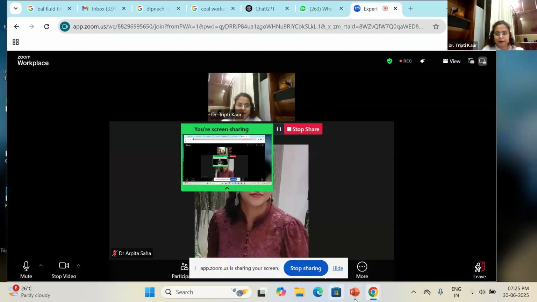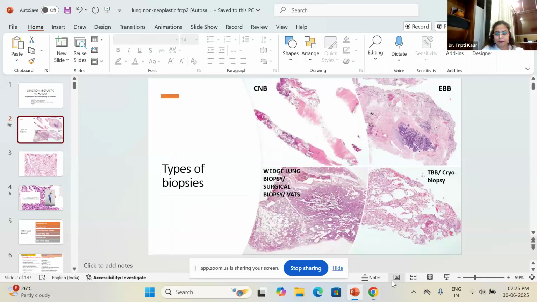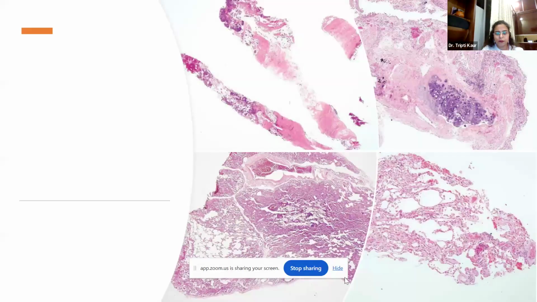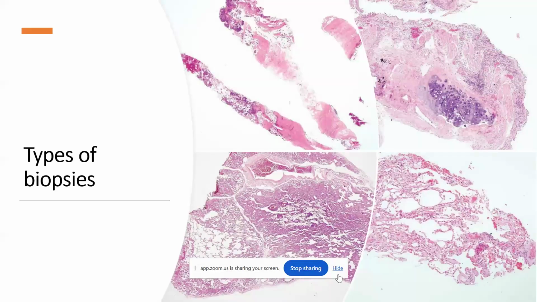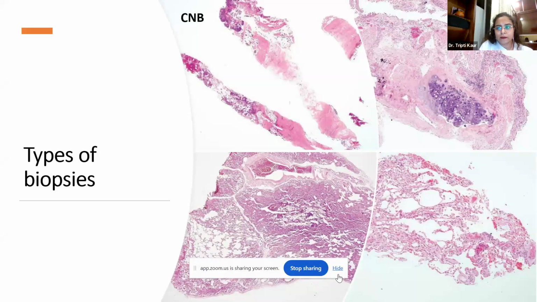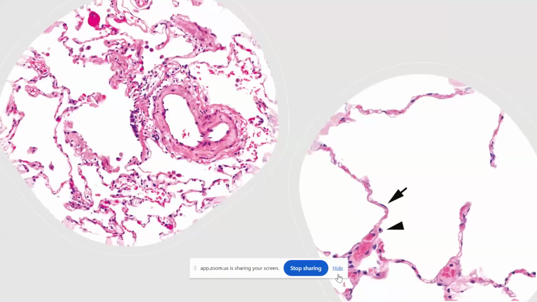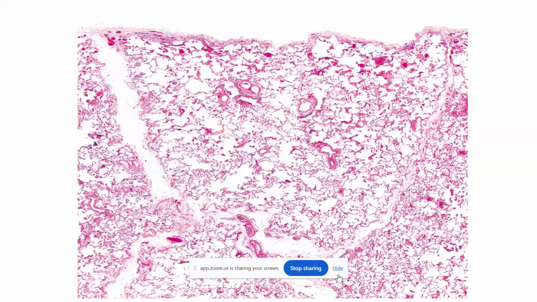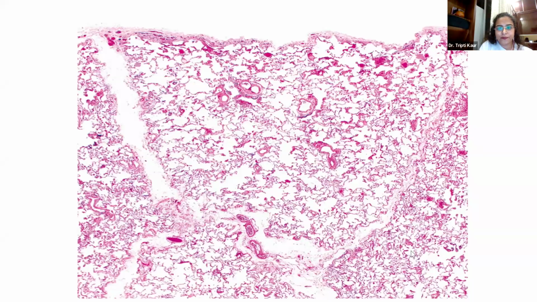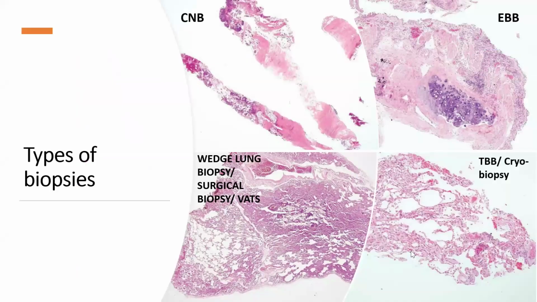Entire screen, share. Now, yes, it is. It's moving. Just please hide that dialogue that's coming. Yes, stop sharing and hide. Thank you. We are good to go.